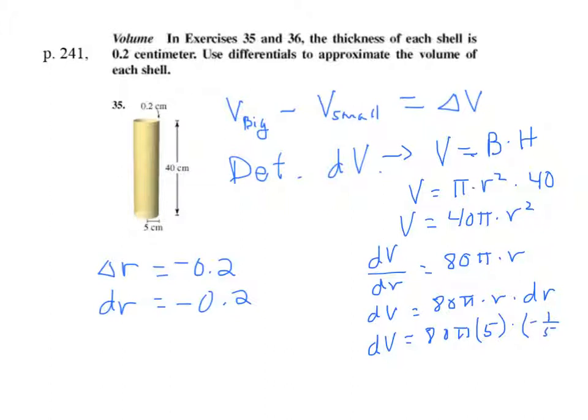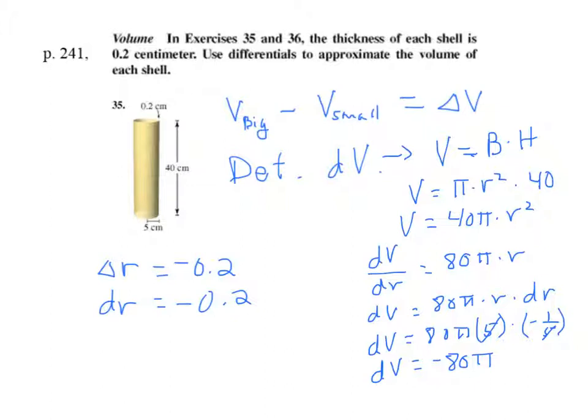So very quickly we can see that our dV is going to be negative 80 pi, since our 5 cancels with our negative 1/5. So we now have an estimate for what the change in our volume would be to go from the big cylinder down to the small cylinder, and that's really all we needed.